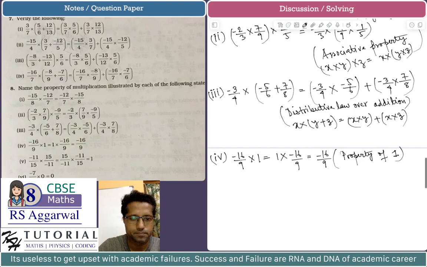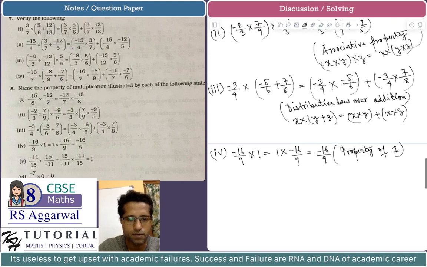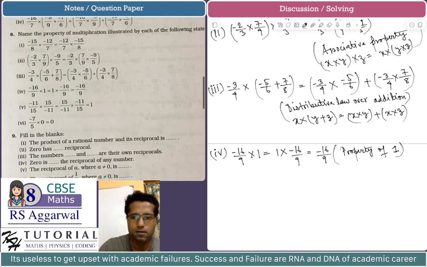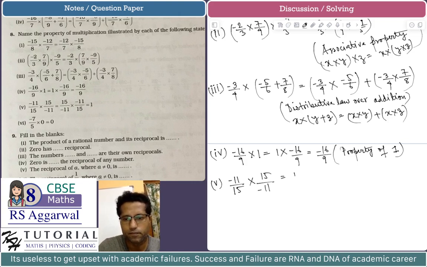And part 5, you can see it's a commutative law. No, it is not commutative law. Part 5 is minus 11 by 15 multiplied by 15 by minus 11 is equal to 15 by minus 11 multiplied by minus 11 by 15 equals 1.